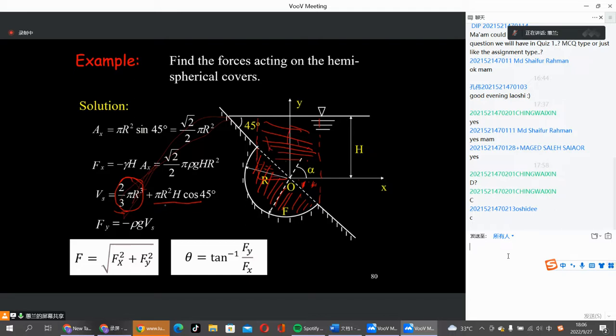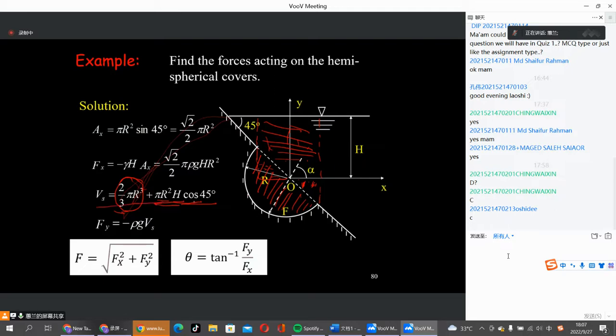That's why it's equal to pi r square h times cosine 45. Why times cosine 45? Because pi r square is actually the area of this circle of this hemisphere, and then its horizontal projection area should be times cosine 45, and h is the height.